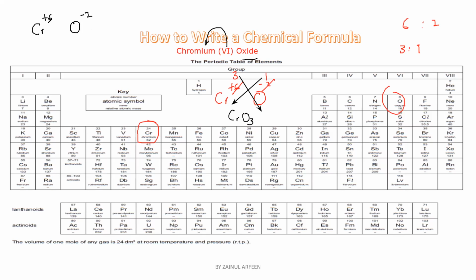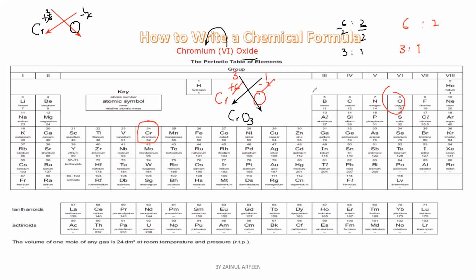So one valency is 6, another valency is 2. So 6 and 2 we have to further simplify. So I divide by the smallest number, which is 2. So this will be 3 and 1. The simplest ratio will be 3 is to 1. After simplifying, we cross multiply. So 1 is written with oxygen, we'll write it with chromium. And 3 is written with chromium, we'll write it with oxygen.